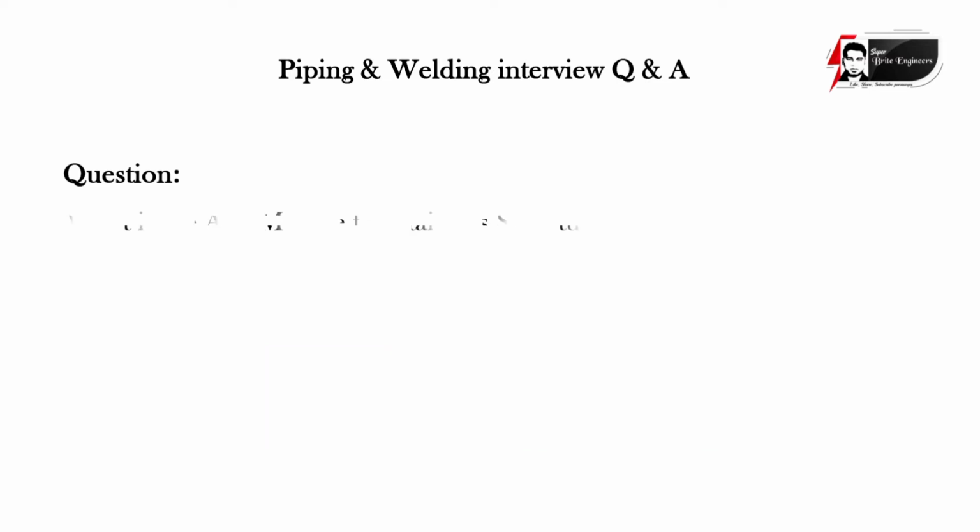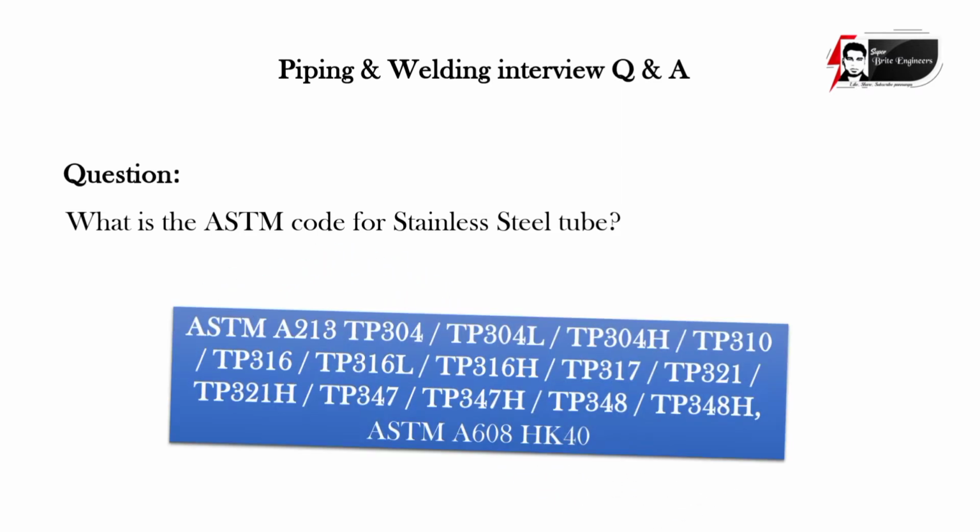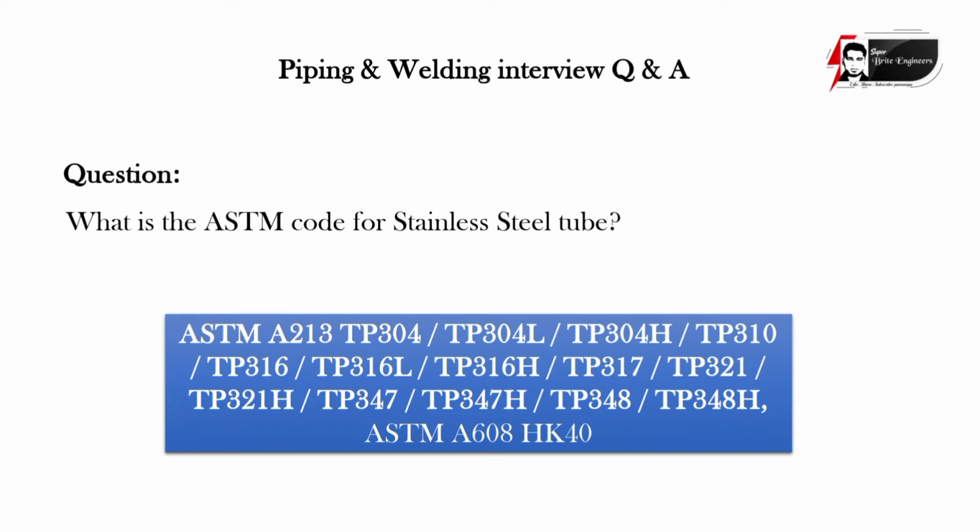What is the ASTM code for stainless steel tube? ASTM A213 TP 304, TP 304L, TP 304H, TP 310, TP 316, TP 316L, TP 316H, TP 317, TP 321, TP 321H, TP 347, TP 347H, TP 348, TP 348H, ASTM A608 H740.